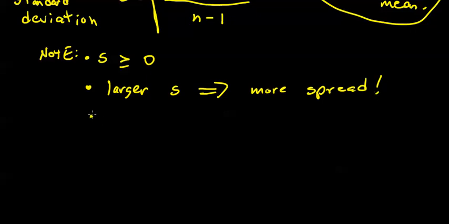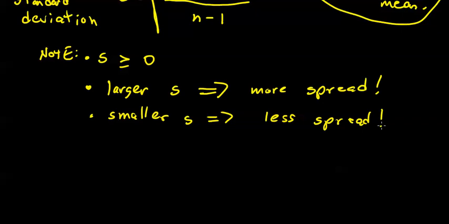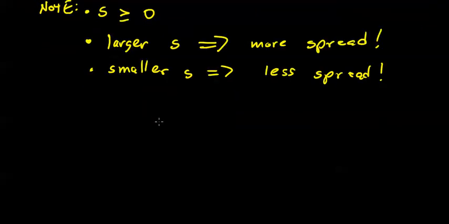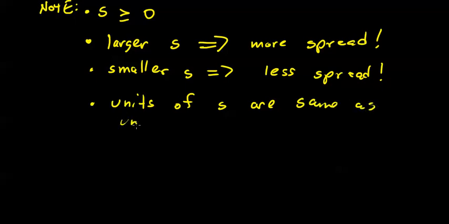And of course, a smaller s, smaller value, means less spread. Okay? The units of s are the same as the units of the data. And if the units of your data is in minutes or seconds or kilograms or whatever, then the units of s is the same.